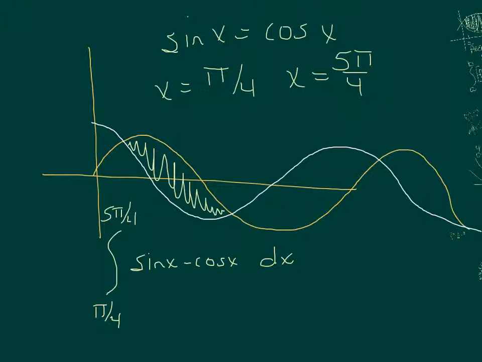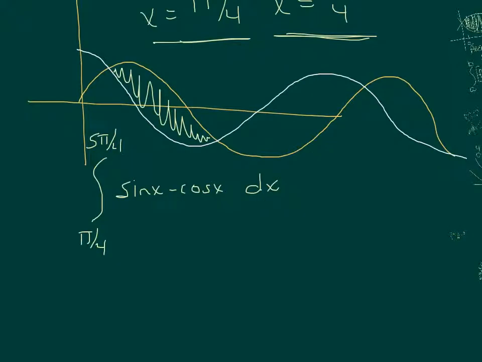The sine of x and the cosine of x are both positive in the first quadrant, and they're both negative in the third quadrant. So that sets up our limits of integration. Even though they don't look like it, all of these regions have the same area. In this particular region, the sine of x is above the cosine of x. So we're integrating that.